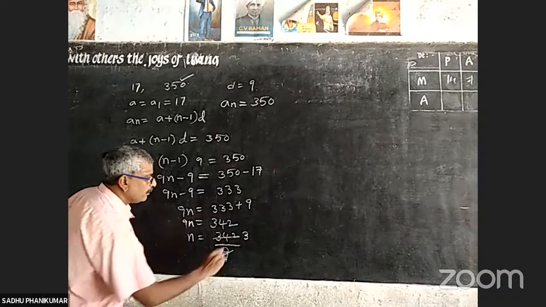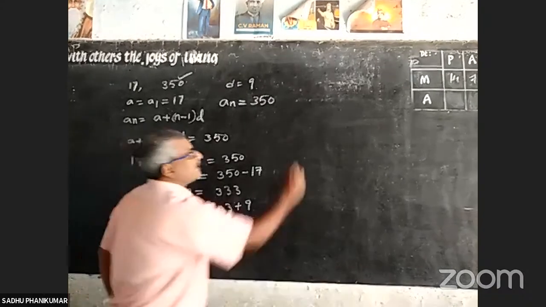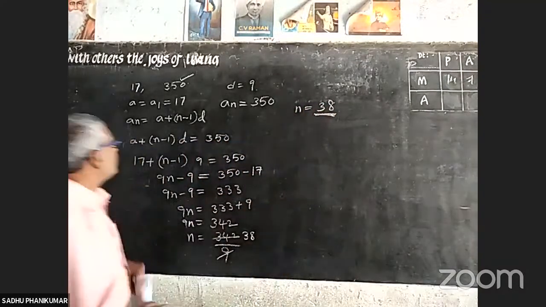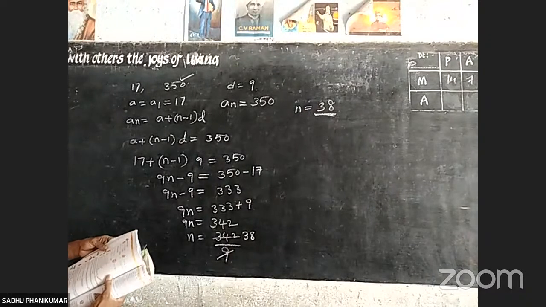So n is equal to 38. n is equal to 38. Okay, what were we asked to find?